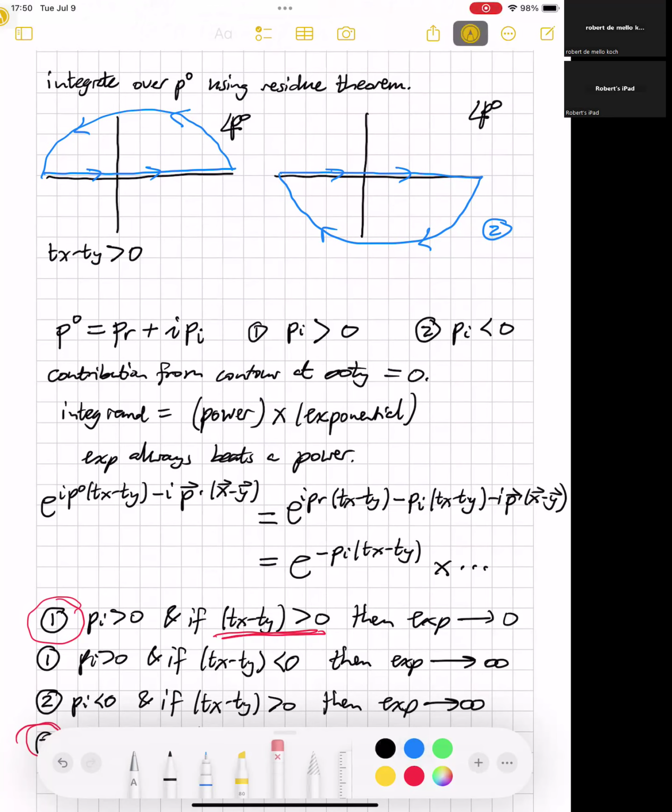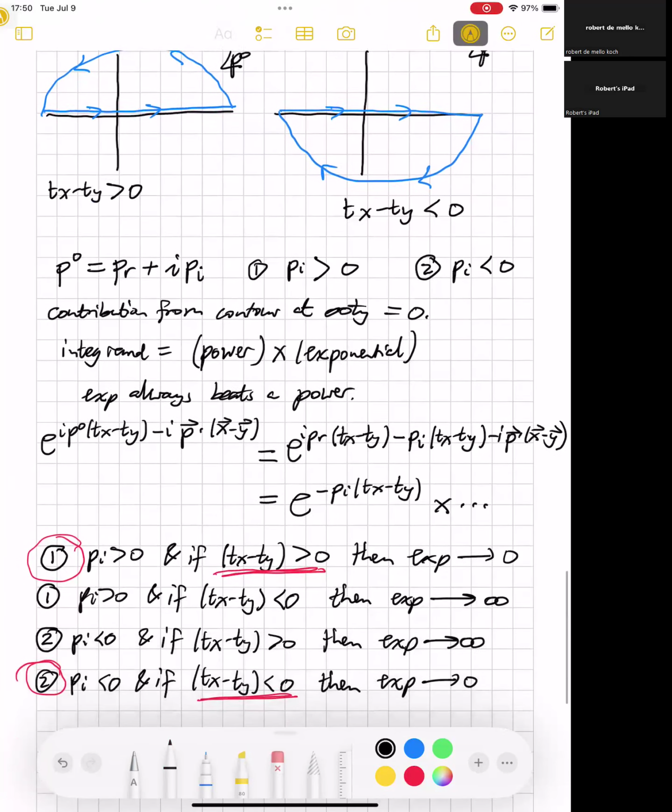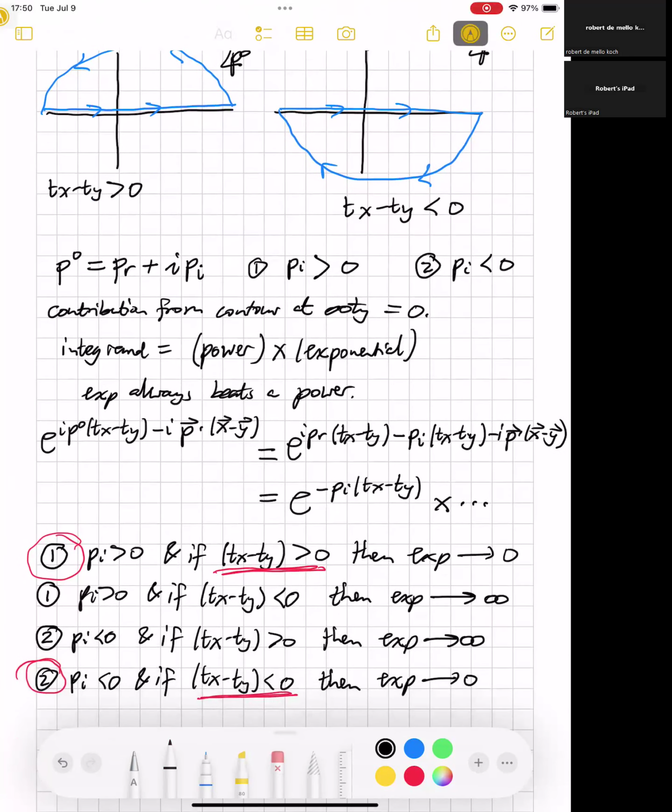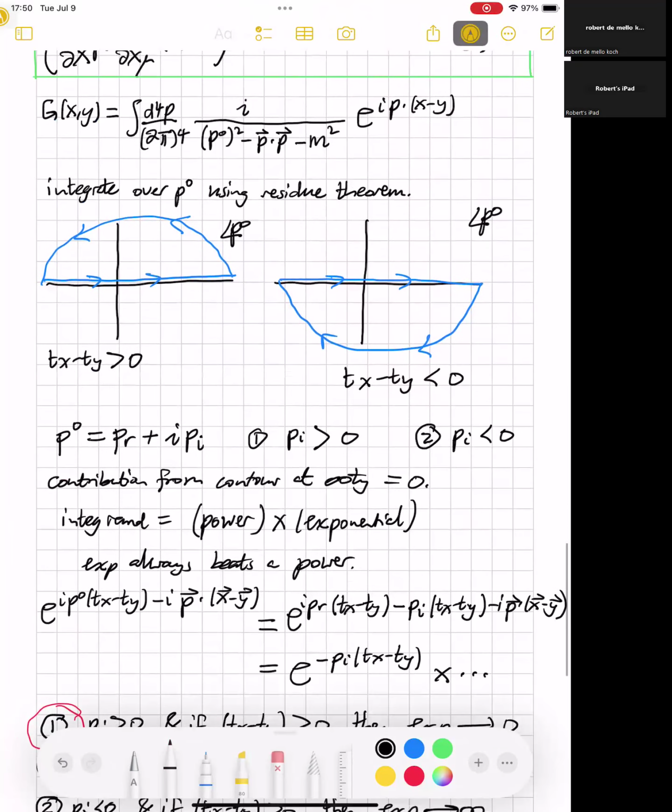And what about situation 2? Well, we'll close as in situation 2 when tx minus ty is less than 0. So actually, which contour we choose to close in depends on whether tx is bigger or ty is bigger. Okay, good. So we've now decided how to close our contour.